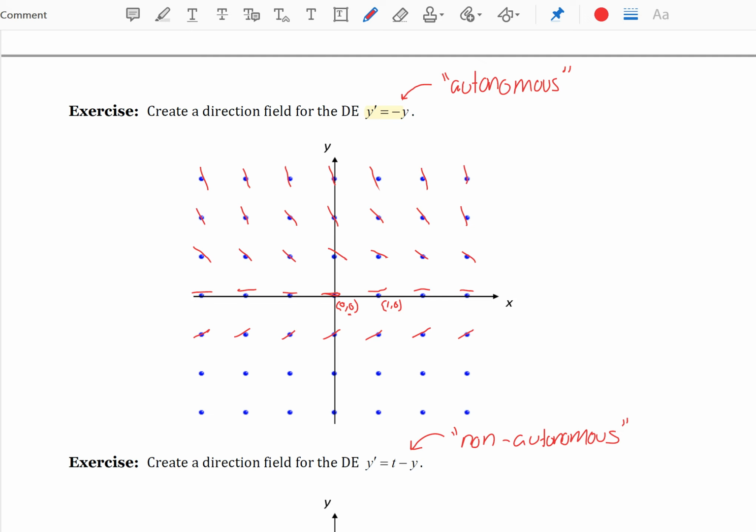Along the line y equals -2, they'd all have a slope of +2, so a little steeper. Along the line y equals -3, they'd all end up having a slope of +3, so again a little steeper.